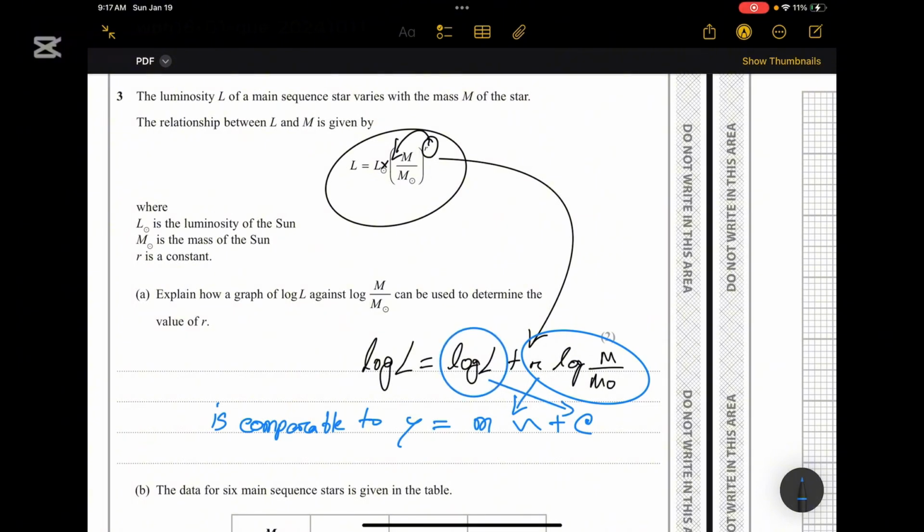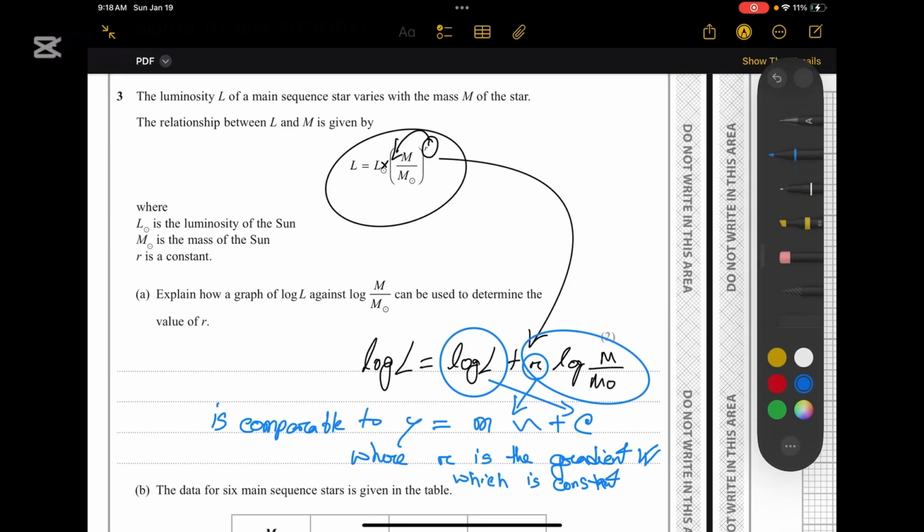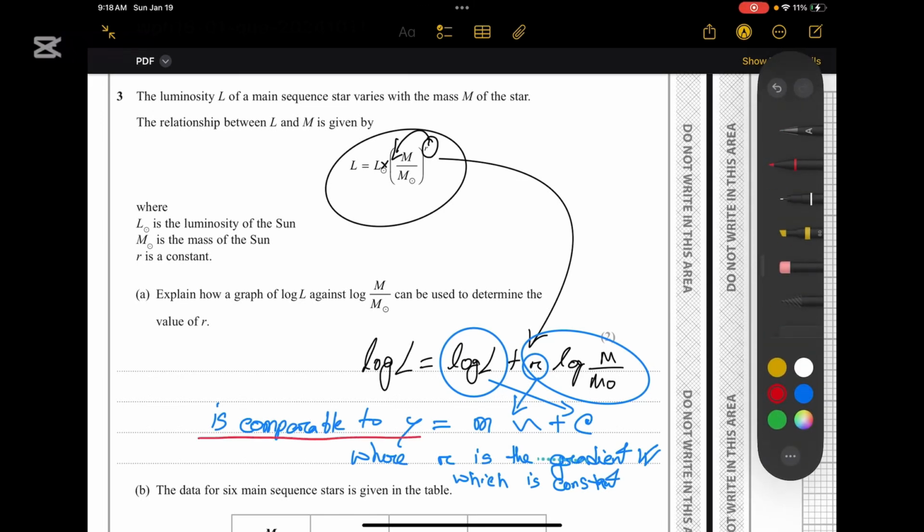So here we can say y is equal to mx plus c, where this r is the gradient. Make sure to write this word, otherwise you will lose 1 mark.